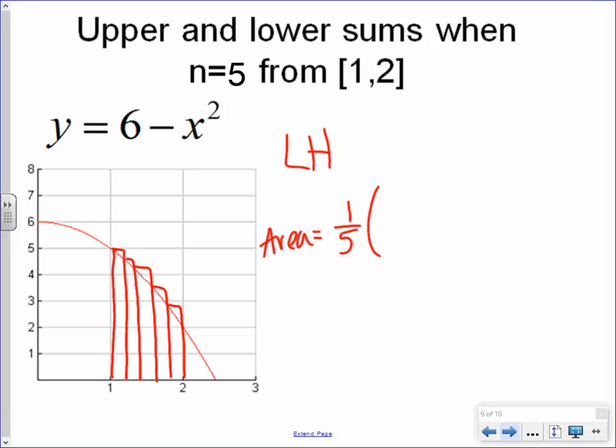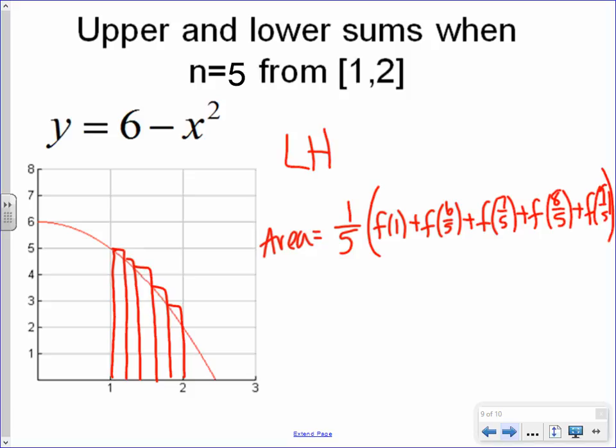If we're doing left endpoints, our first rectangle has height f of 1, our second rectangle has height f of 6/5, our third rectangle has height f of 7/5, fourth rectangle f of 8/5, and fifth rectangle f of 9/5.